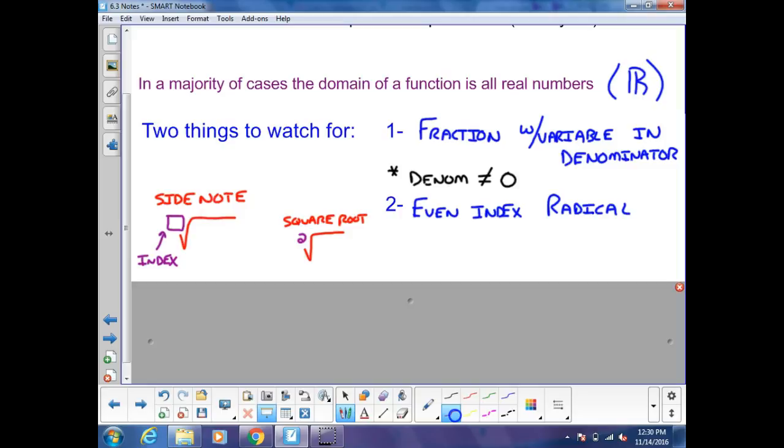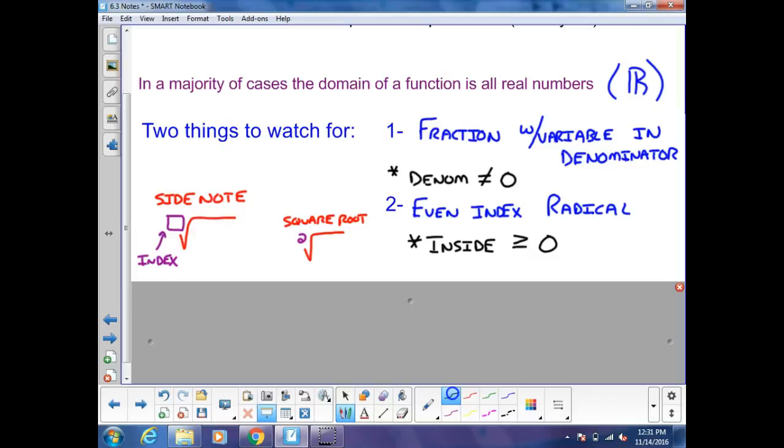If we are dealing with an even indexed radical, then what is inside the guts, if you will, of the radical has to be greater than or equal to 0. Because if it's not, then we go to imaginary land, and our answers become imaginary.